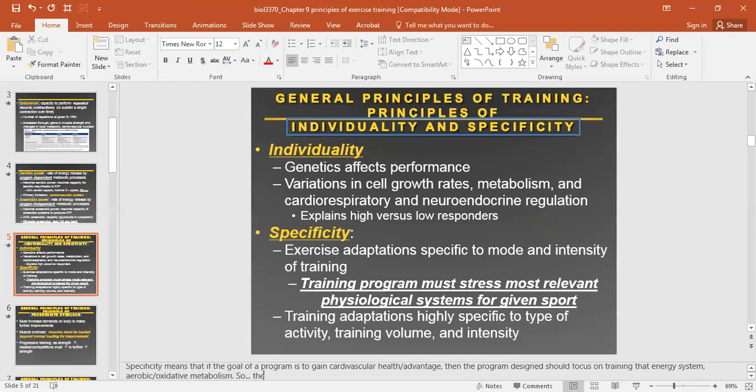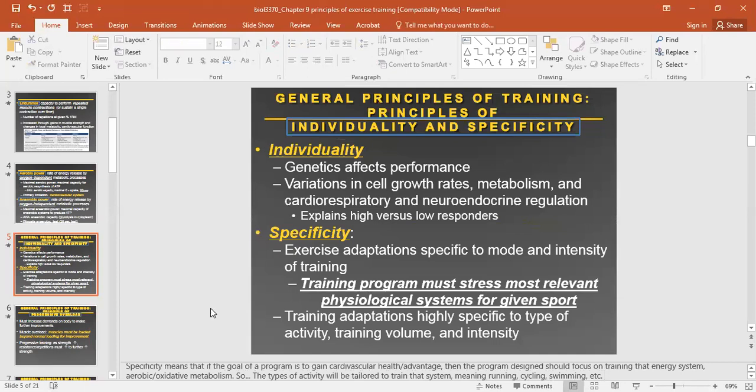So the types of activity will be tailored to train that system, meaning running, cycling, swimming, etc.